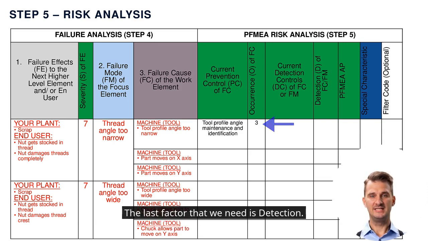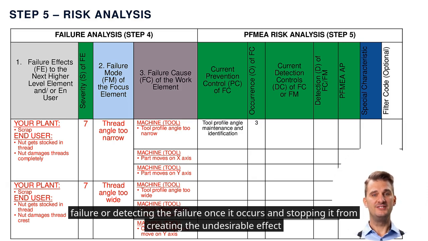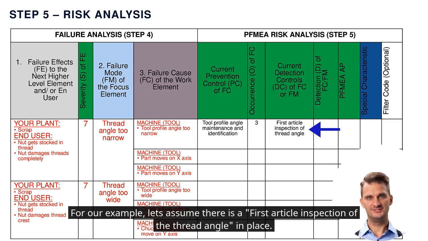The last factor that we need is detection. Detection ranks the ability that we have to either detect the failure cause and react before it causes a failure, or detecting the failure once it occurs and stopping it from creating the undesirable effect. For our example, let's assume there is a first article inspection of the thread angle in place.